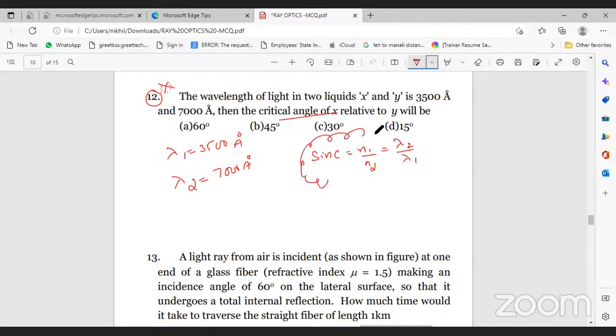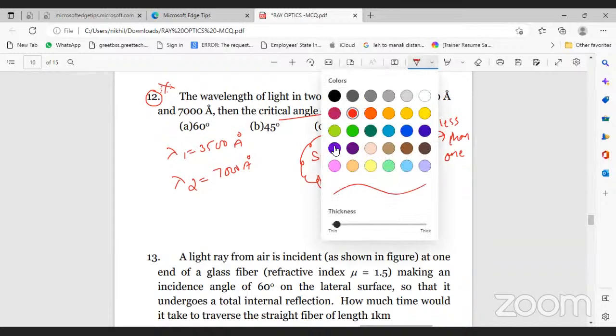Please remember, this is an inverse proportional formula. While solving the problems, you have to keep this ratio in such a way that it should be less than 1. I think I've explained this in the synopsis. The sine of the critical angle is always equal to the ratio of refractive indices or the ratio of the wavelengths, but remember that the ratio should always be less than 1.